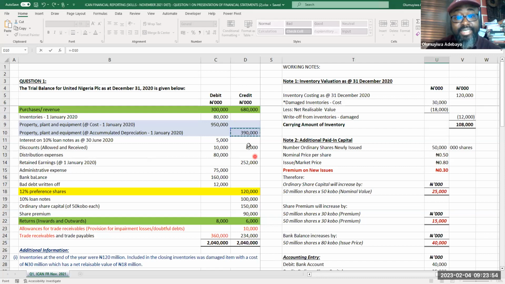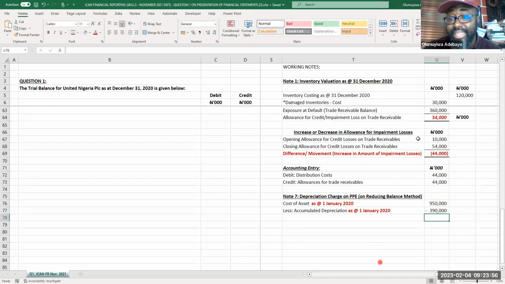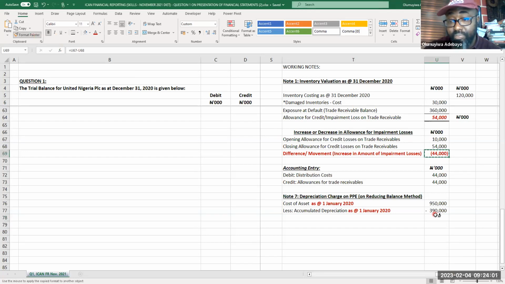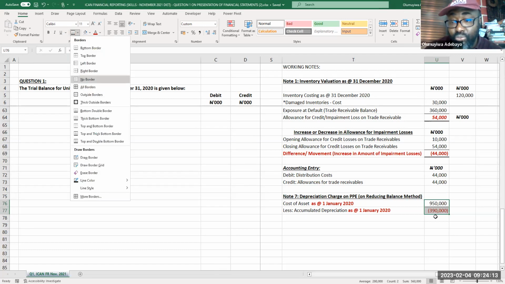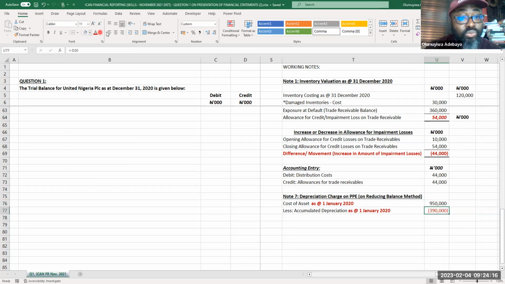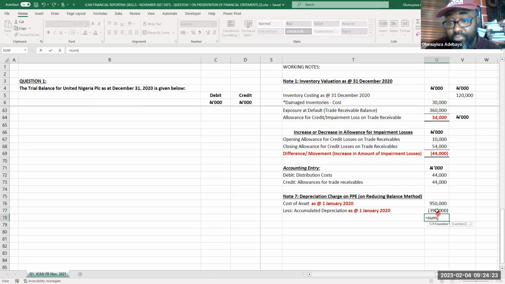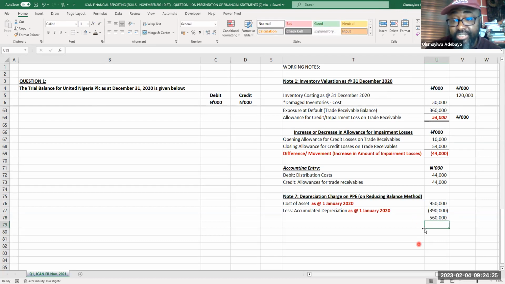Remember, I explained this earlier, which means as of last year, the carrying amount of the assets was 560.